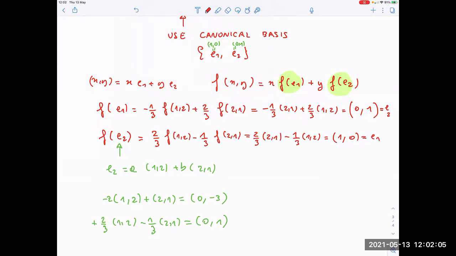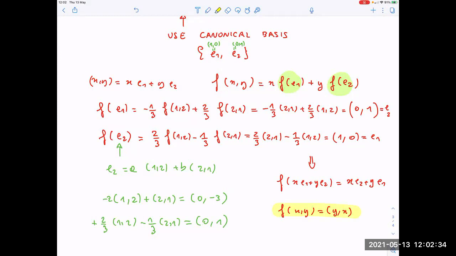Okay, so what does this tell me? Well, this tells me that f of x E1 plus y E2 is just equal to x E2 plus y E1. So f of (x, y) is equal to (y, x). So this is the map that is given to us.